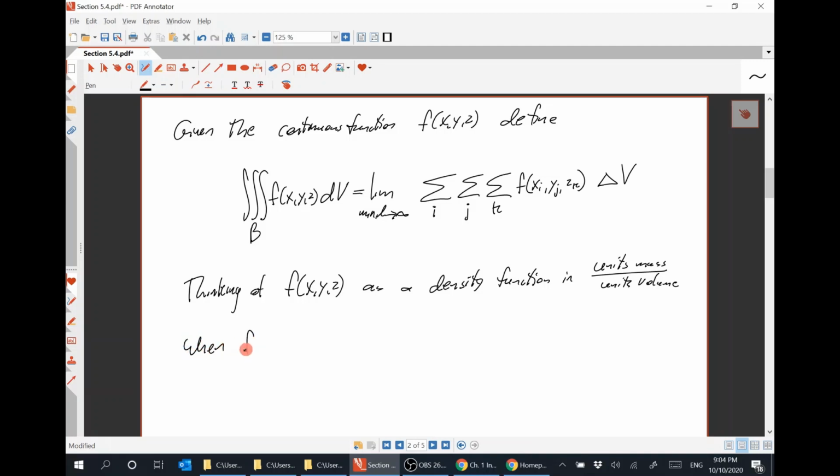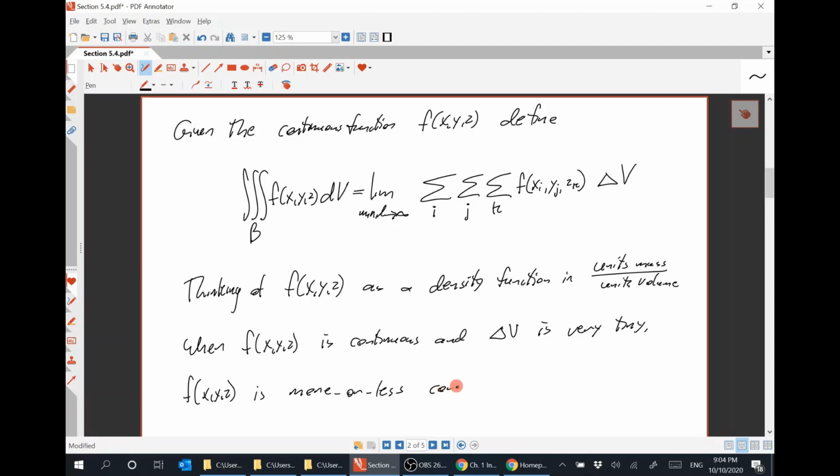When f(x, y, z) is continuous and delta V is very tiny, f(x, y, z) is more or less constant on any one tiny box.